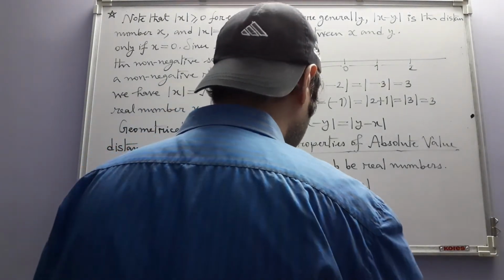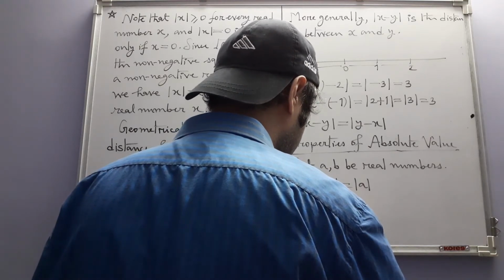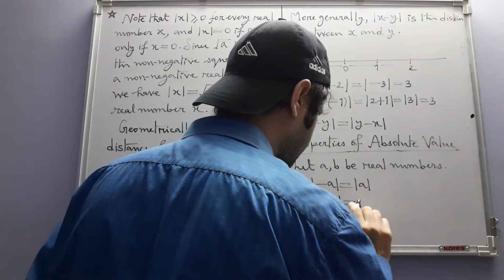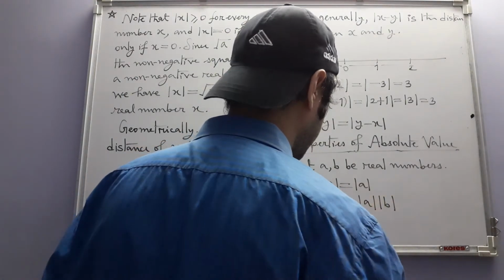Then number 2, it says that if we take the absolute value of the product AB, then that equals the product of their absolute values.